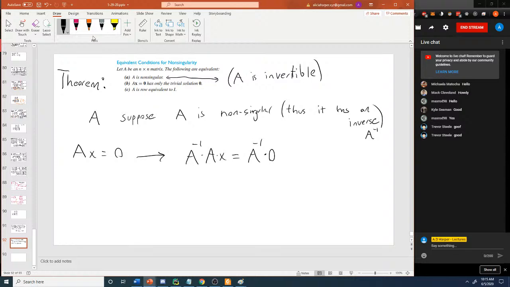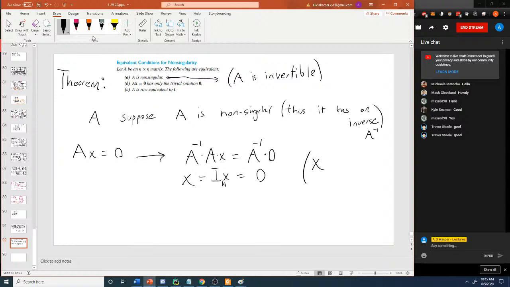And this ends up being the same thing as the identity times X, and this is the n by n identity. Equals, if you multiply the 0 vector by anything, you just get 0. And if you multiply X by the identity, you just get X. So this implies that X is equal to 0.